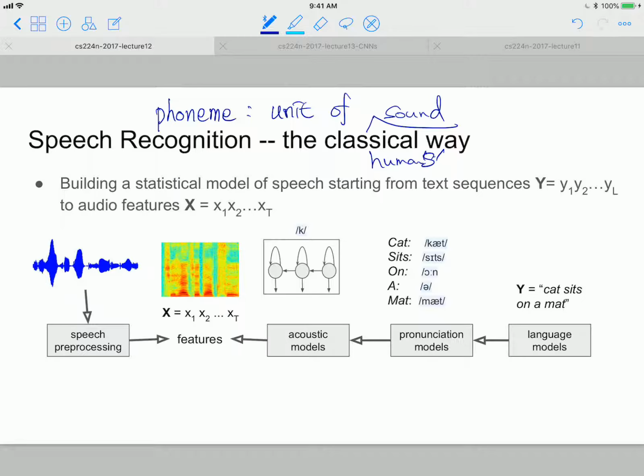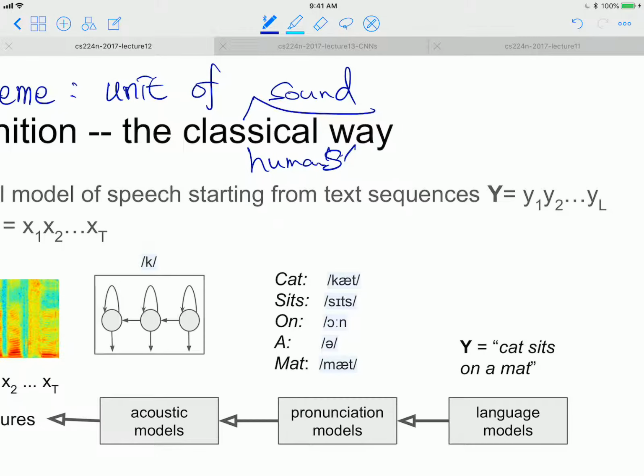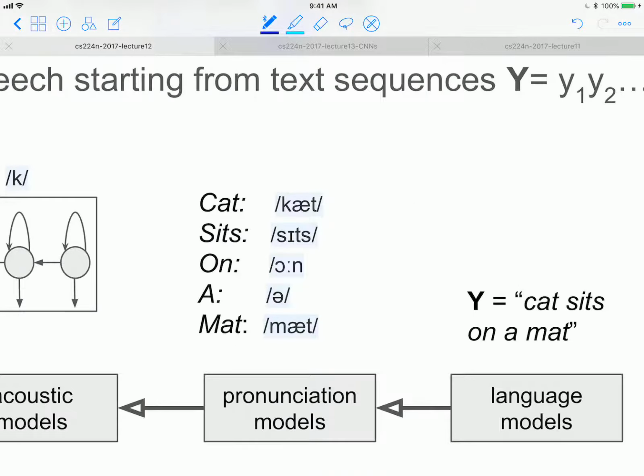Roughly it corresponds to each character, not in our alphabet, but in this pronunciation kind of letters, right?